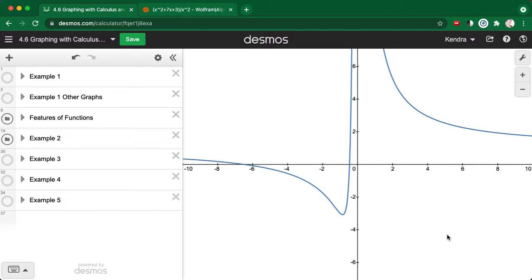get another view that gives you all of the features of the function. Okay, and it is interesting, in fact, to ask the question of what might have been the design decisions made in how a particular digital tool is programmed to show you a graph.